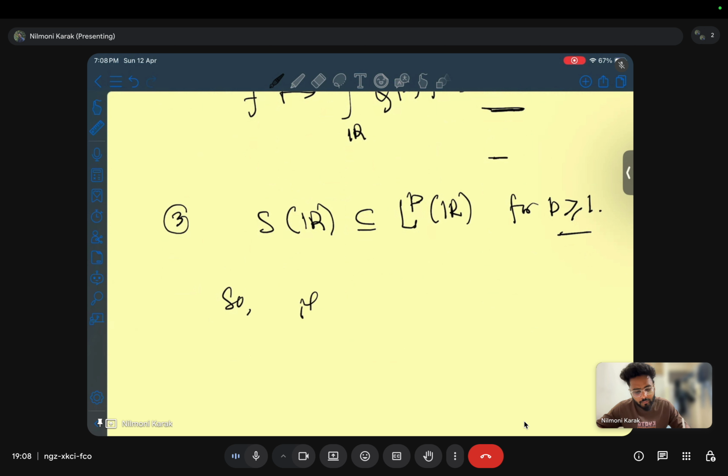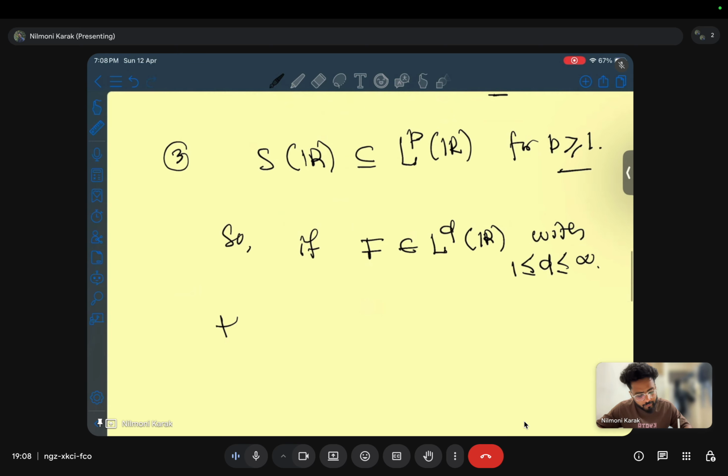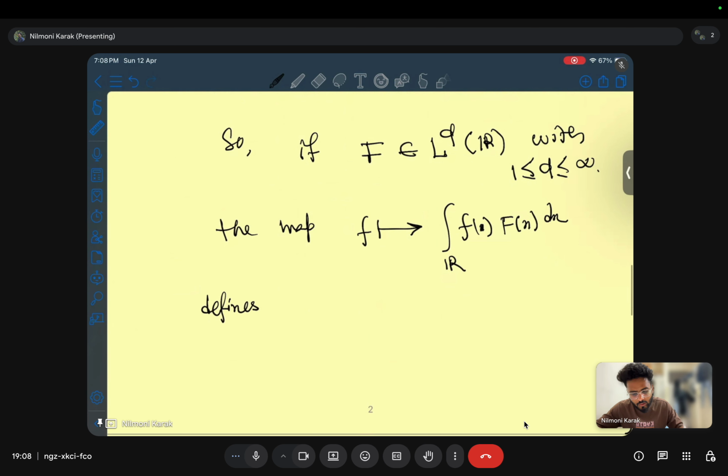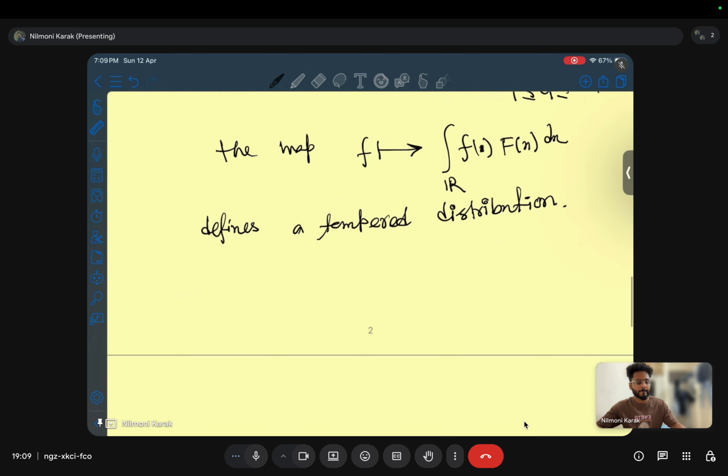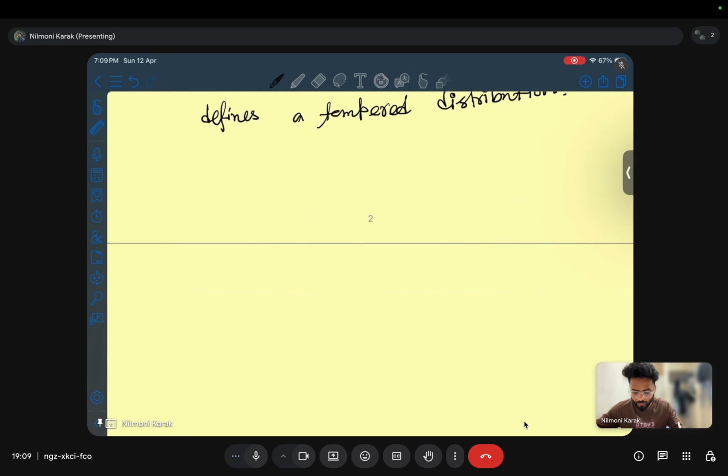If f belongs to L^q(R) with 1 ≤ q ≤ infinity, then the map defines a tempered distribution. This was an example.